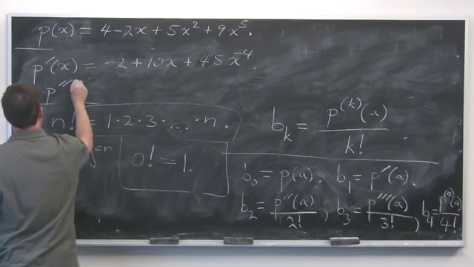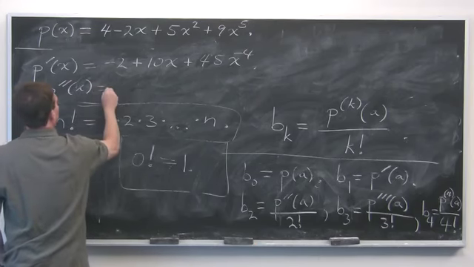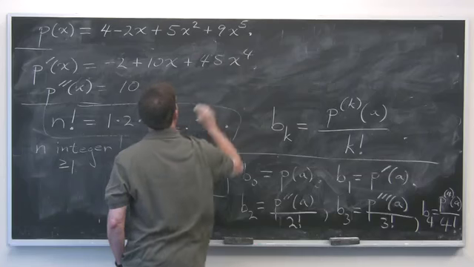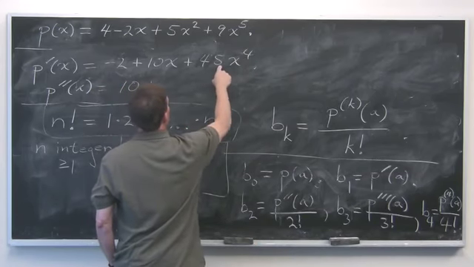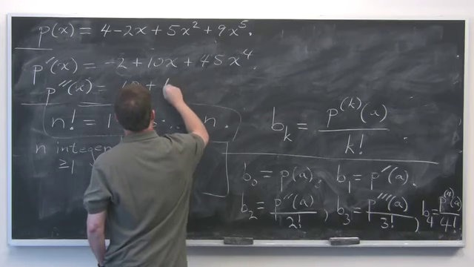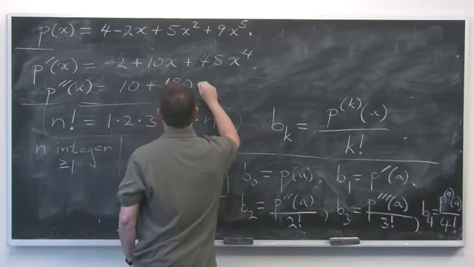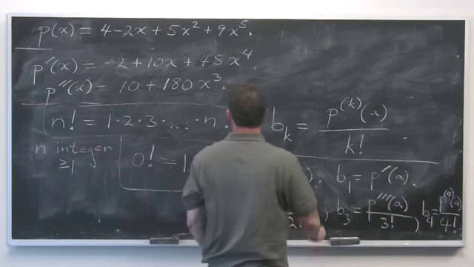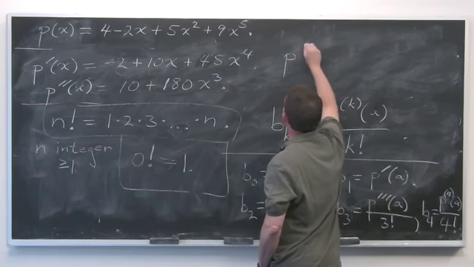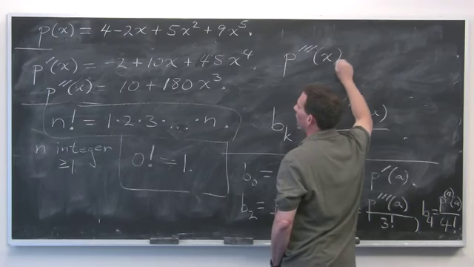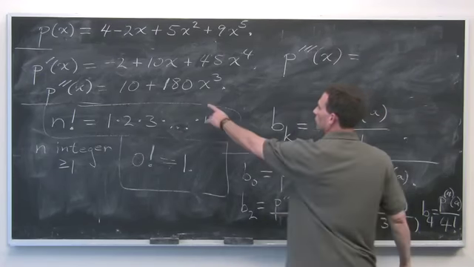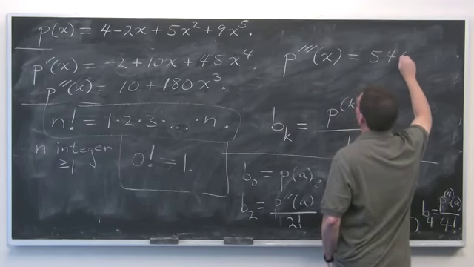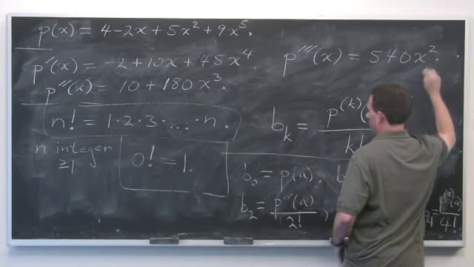P double prime of x equals 10, that is not a minus sign then, plus, okay, 160 and 20, 180 x cubed. P triple prime of x equals, we just get the derivative of this, so 540 x squared.